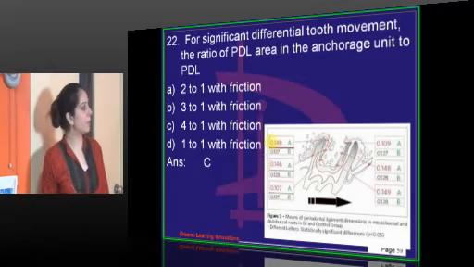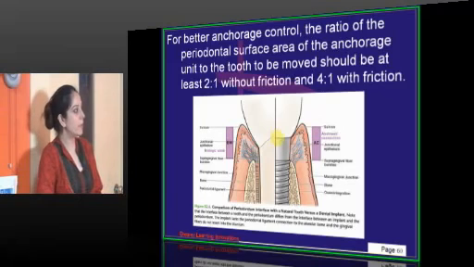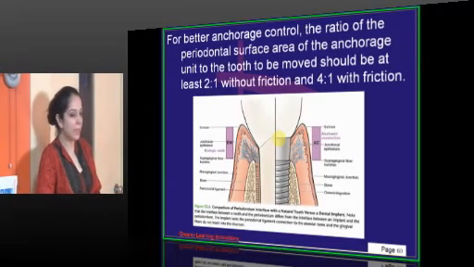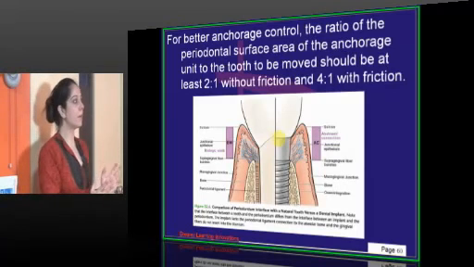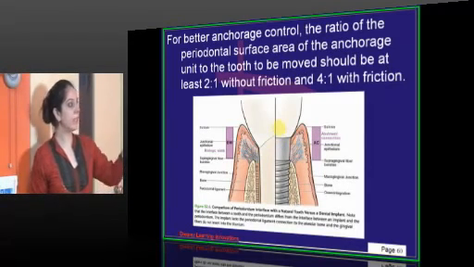For better anchorage control, this ratio of the PDL surface area of the anchor unit to the tooth that is to be moved should be at least 2:1 without friction and 4:1 with friction. So we are taking that ratio.